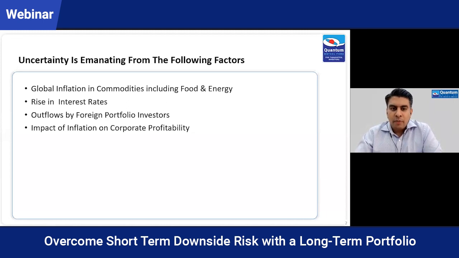This has forced central banks to increase interest rates and remove the accommodation that they had since the COVID crisis. They are unwinding those measures and at the same time increasing interest rates because inflation is running at multi-year highs, be it in US, be it in Europe, or be it in India. So that is leading to the action on the central bank front.